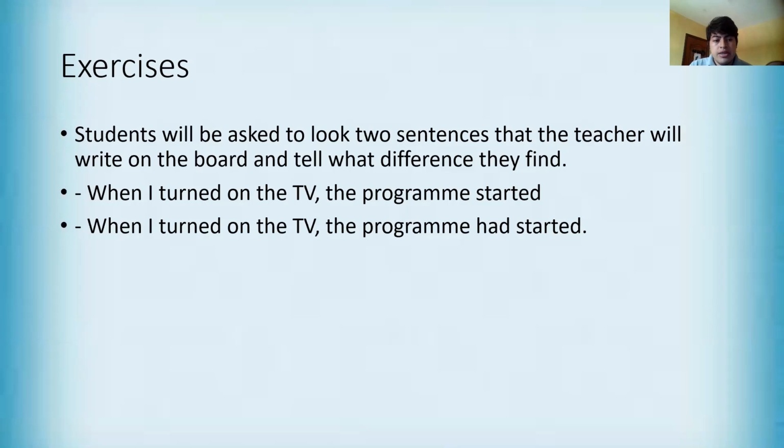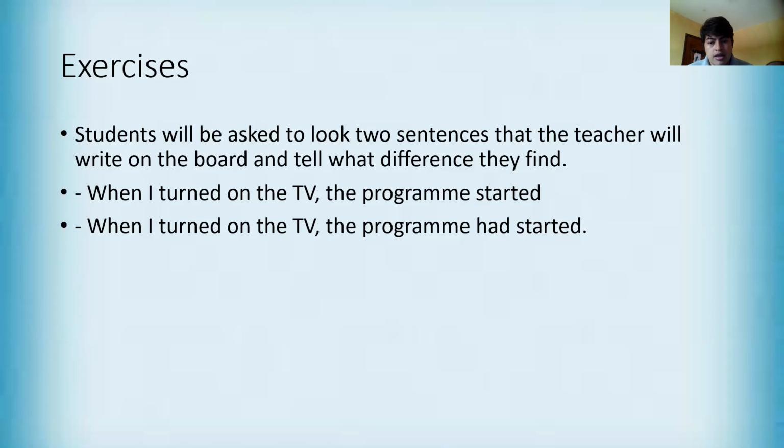Okay, please read aloud the first sentence. When I turn on the TV, the program starts. And then we have, when I turn on the TV, the program had started. What is the difference? What changed between the first sentence and the second one?